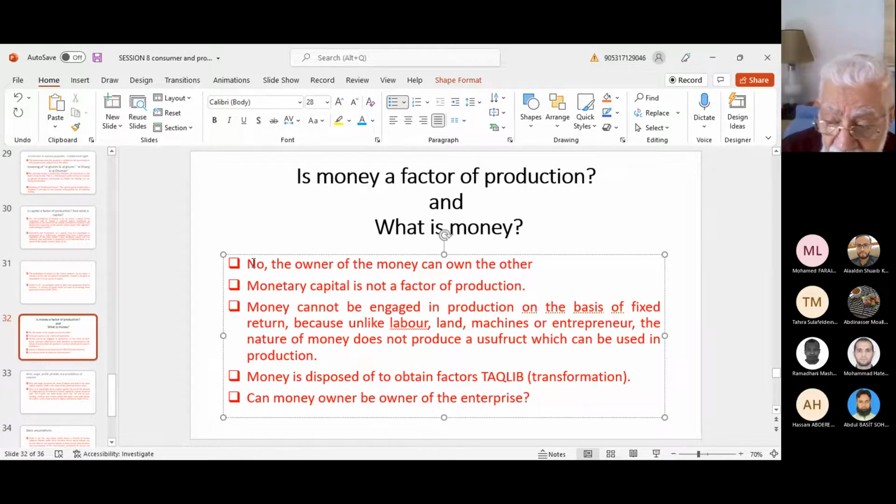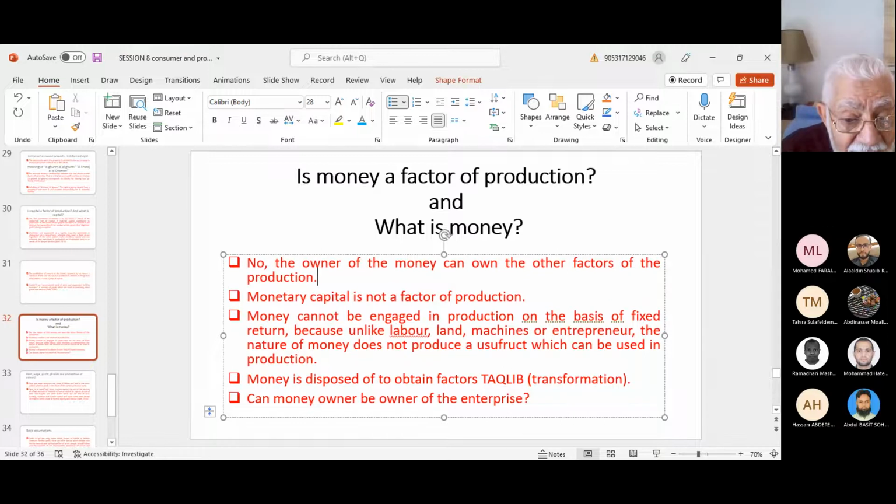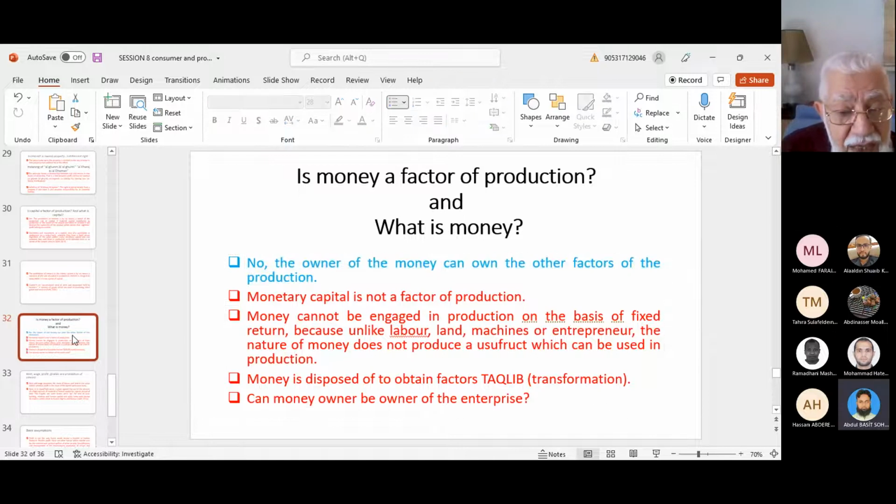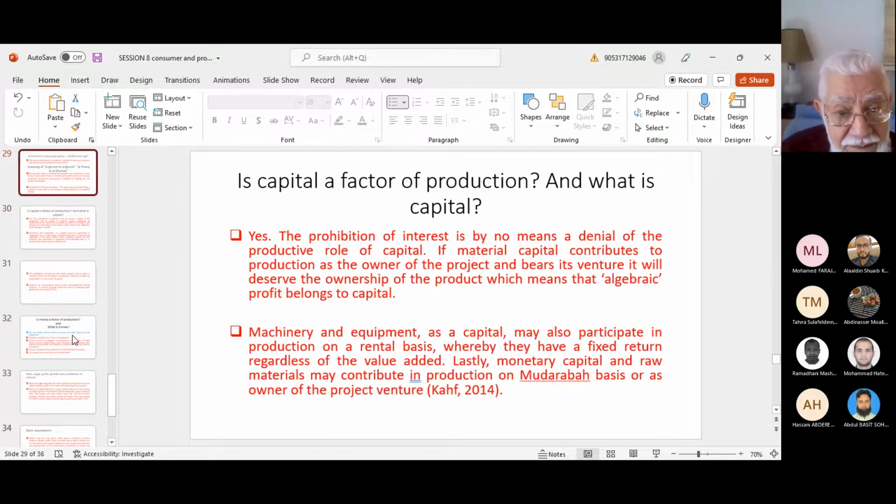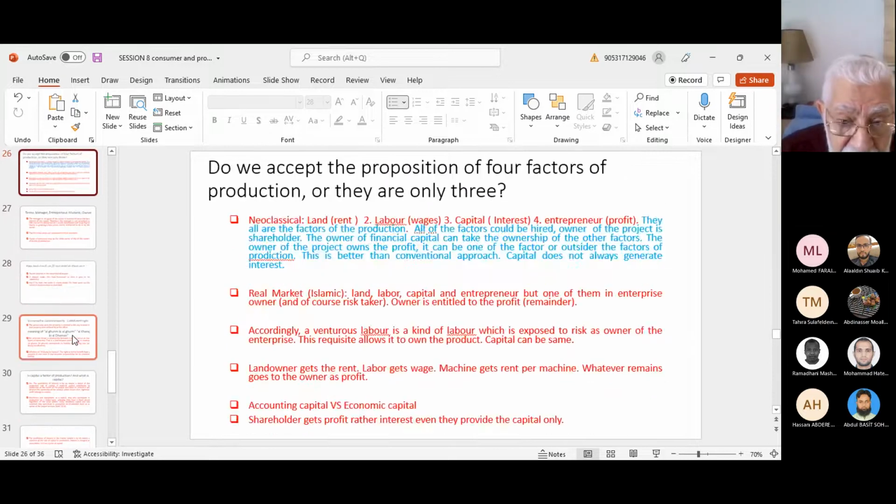And factors of production may also cooperate together in owning the project. So what matters for the profit is ownership of that project, of that production process, completely, all of it together, not necessarily ownership of each factor alone. And interest does not appear in it.